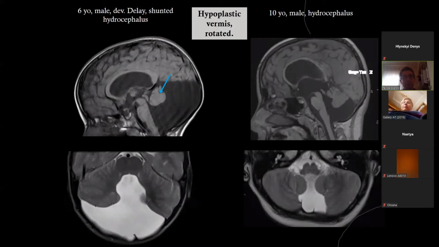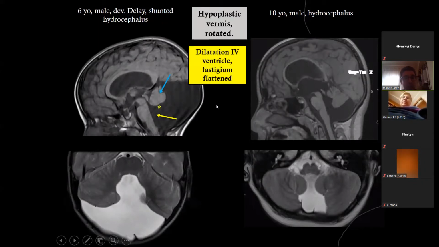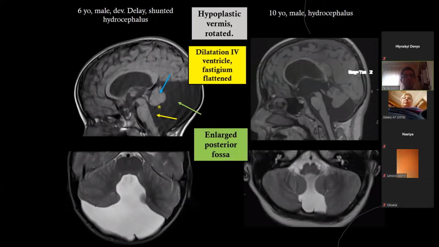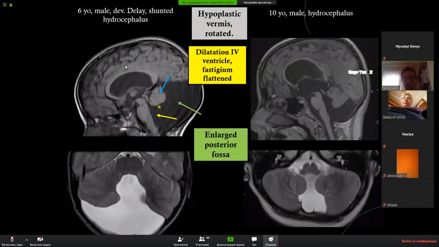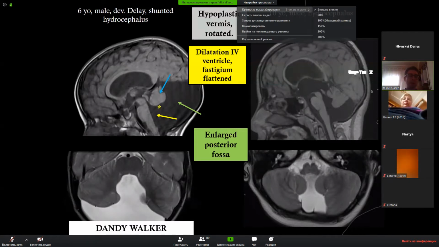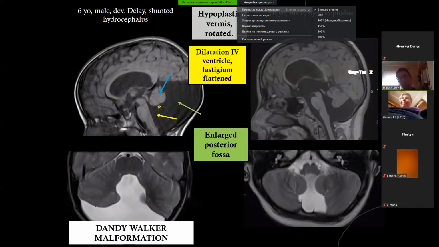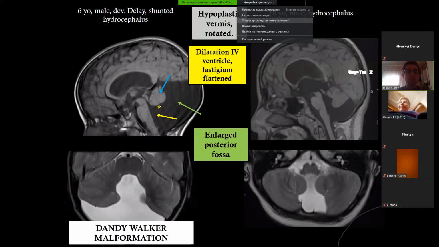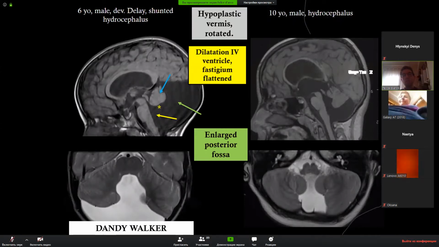So what we have is a hypoplastic rotated vermis, dilatation of the fourth ventricle with a flattened fastigium here with the asterisk, and then an enlarged posterior fossa with associated hydrocephalus that in this case was shunted. This is the definition. These three radiological and pathological characteristics of the posterior fossa are typical of the Dandy-Walker malformation.